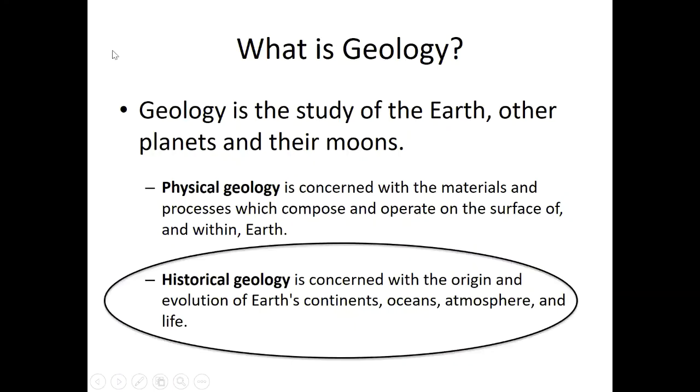So what is geology? Well, geology is the study of Earth and other rocky planets and their moons. Most people think geologists study the Earth, which is largely the case, but it's not strictly relegated to the Earth. Geologists do study other planets in our solar system. For example, geologists have designed instruments to go aboard rovers that have visited Mars to do geological experiments on the surface of Mars, learn what type of minerals or rocks and so forth are there.